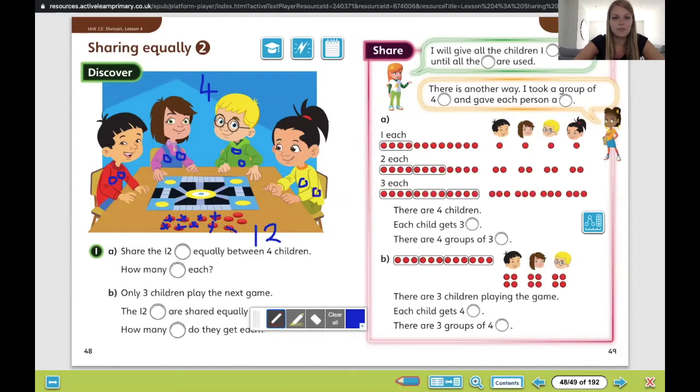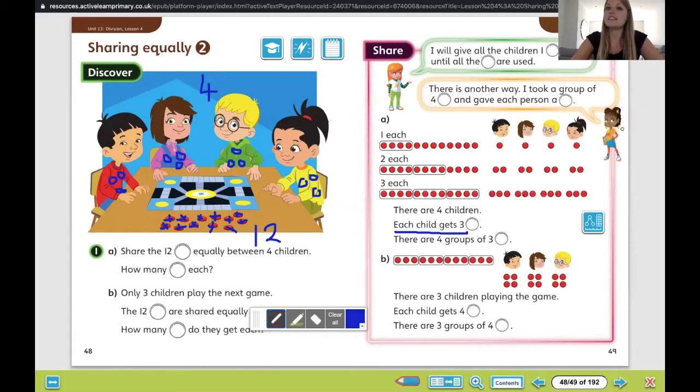Let's carry on. 1 for you. 1 for you. 1 for you. And 1 for you. Brilliant. So we've used up all of the counters. So how many counters does each child have? 3, 3, 3, 3. So each child gets 3 counters.